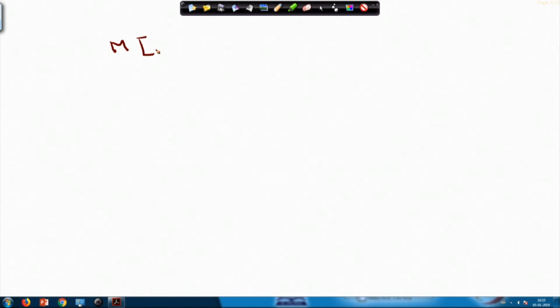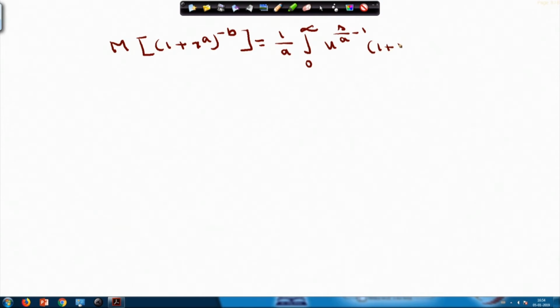so that you can understand it in a better way. So, the Mellin transform of (1 plus x to the power a) to the power minus b, we are writing as 1 by a times the integral from 0 to infinity of u to the power s by a minus 1 into (1 plus u) to the power minus (m plus s by a) into du, where, if you recall, we have assumed m plus s by a equals b.